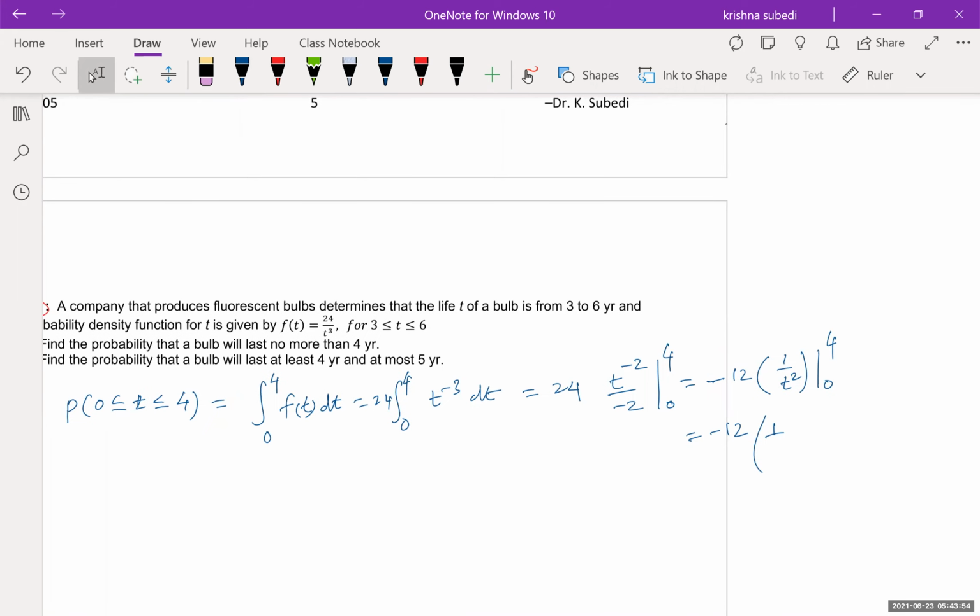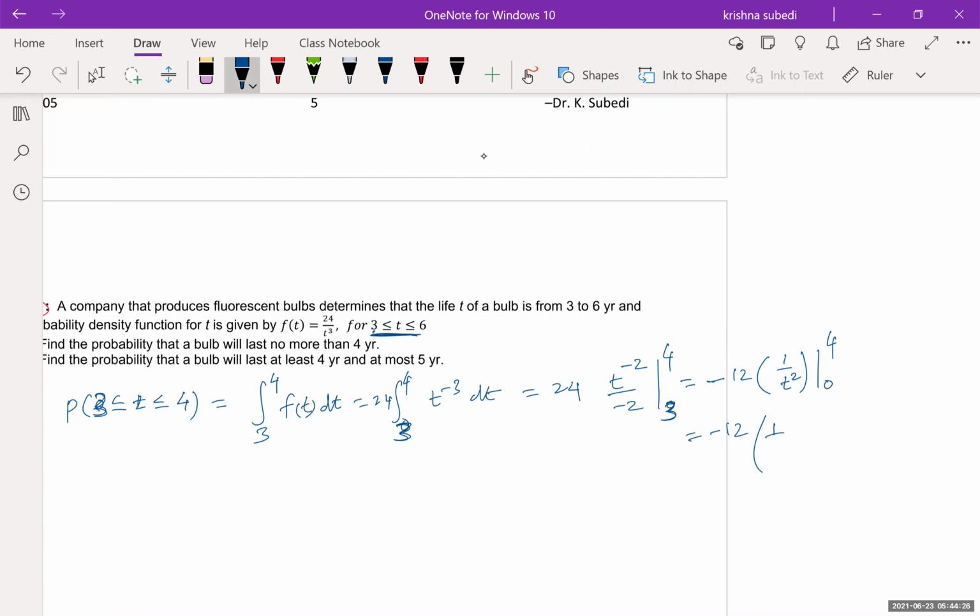Okay, did you notice something here? I was checking how many of you are paying attention. Look at the domain. It starts from 3 to 6, so it cannot be 0, by the way. You need to pay attention to the domain. So we need to check the domain here.